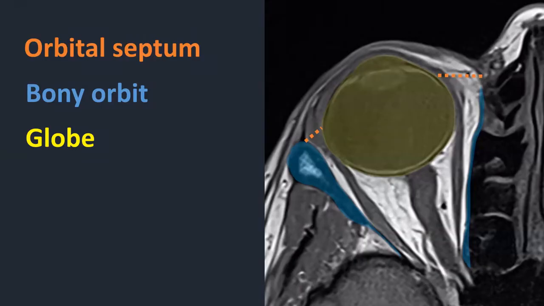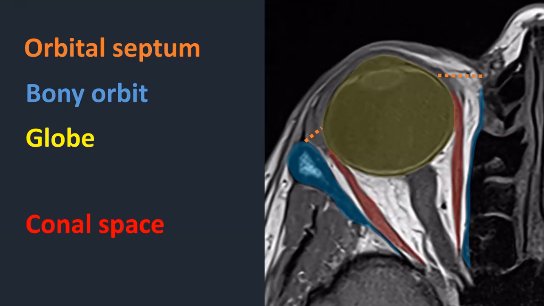And where does the orbit really start? Well, there's a very small fibrous structure, a septum, which basically provides the anatomical border of the orbital compartment called the orbital septum. I'm going to show you where it is located exactly, but about over here, as indicated by the lines on this drawing.